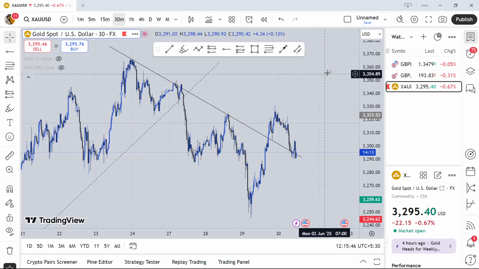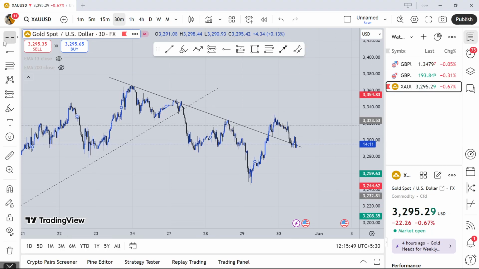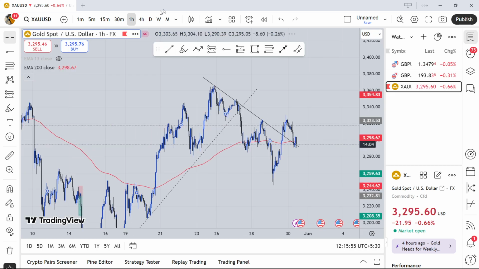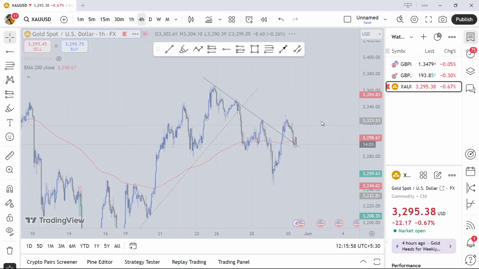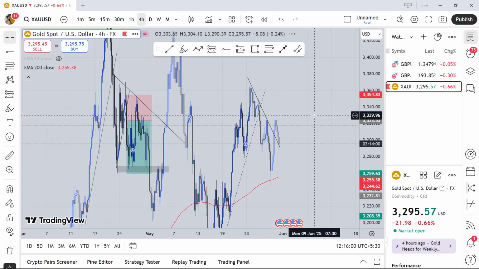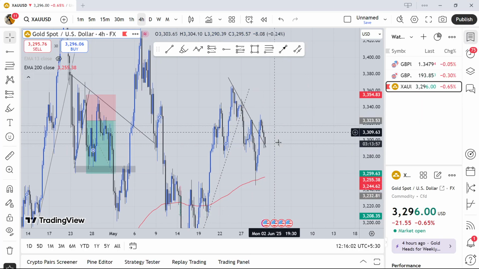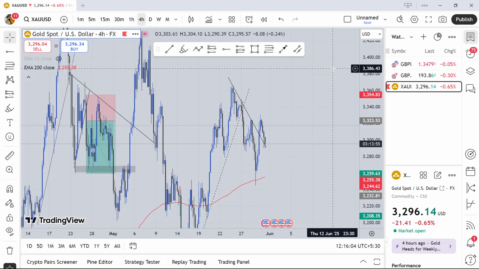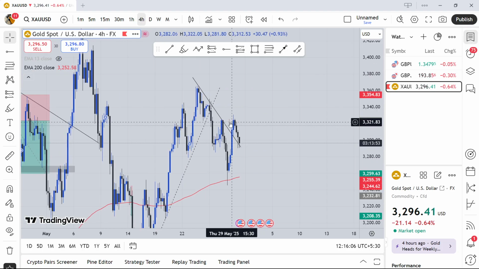To me, I was considering that gold is going to give us, and from the confirmations of the EMA from maybe the 1 hour time frame and the 4 hour time frame, I can see that gold was rejecting from the 200 EMA, and as well it was above the 200 EMA. And just that, I'm not trusting this change of character right here. From the higher time frame, it's a liquidity sweep.